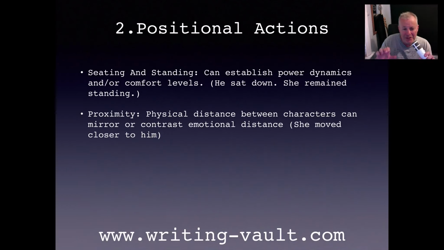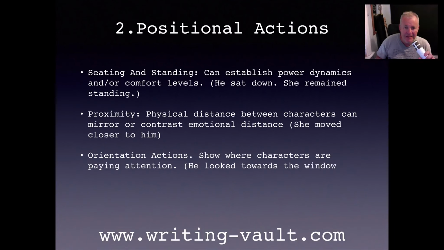We've got the physical distance. This way contrasts the emotional distance between them because they're getting closer physically, but this character obviously doesn't like / wants to harm the character that she's moving close to.